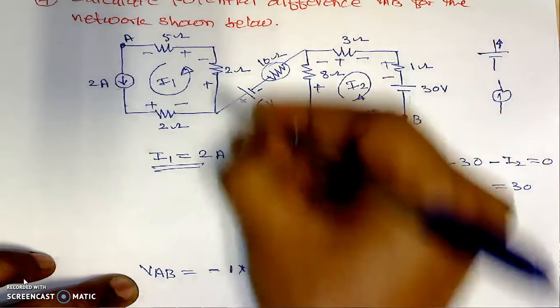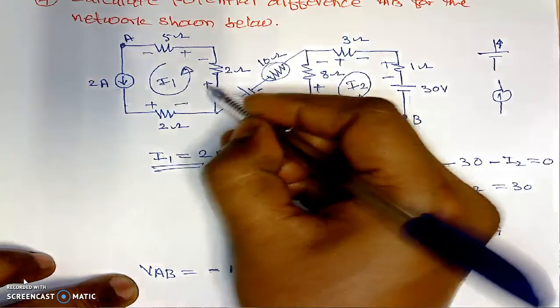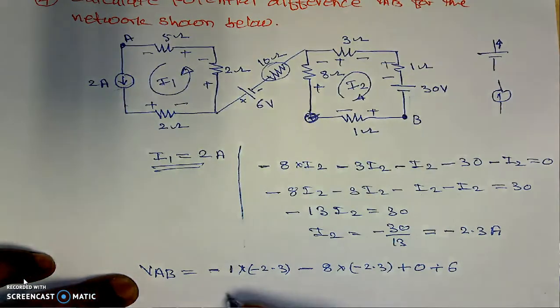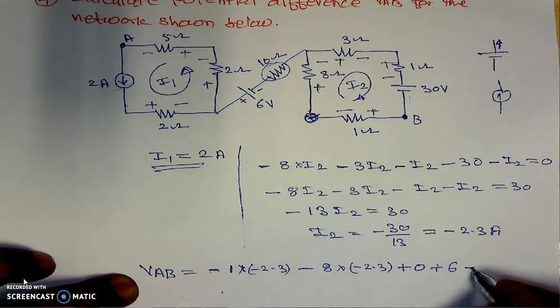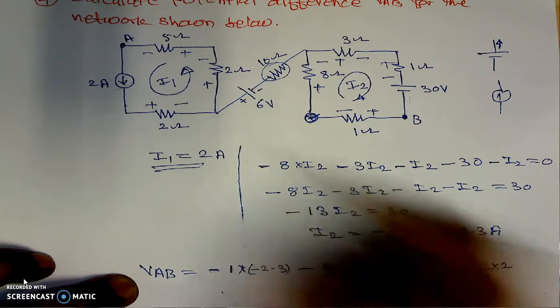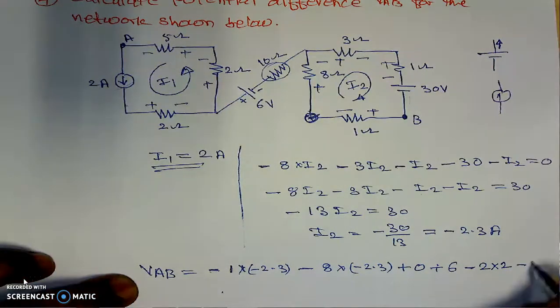Then if we are going upward, positive to negative, which is minus. Resistance is 2 and its current is 2 amperes. Then positive to negative, which is minus 5, and its current is again 2 amperes.